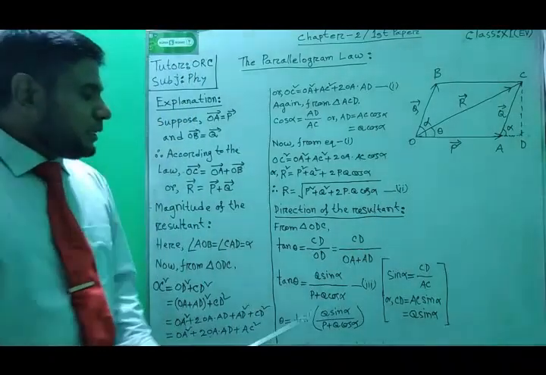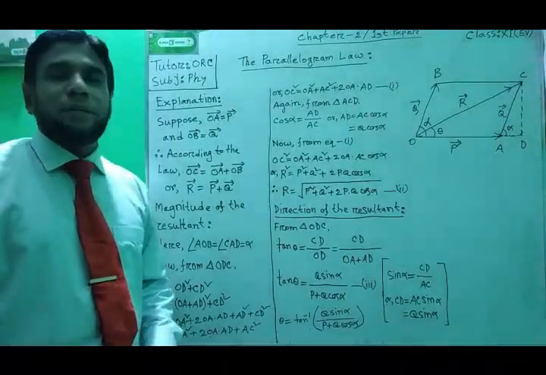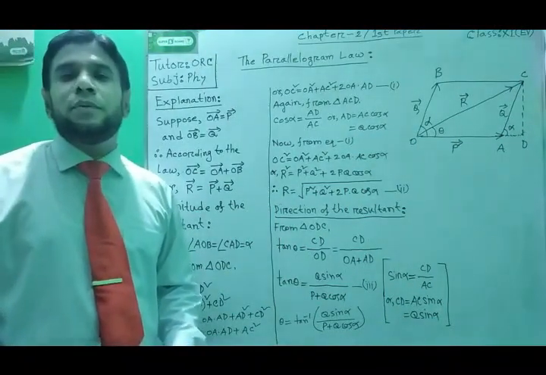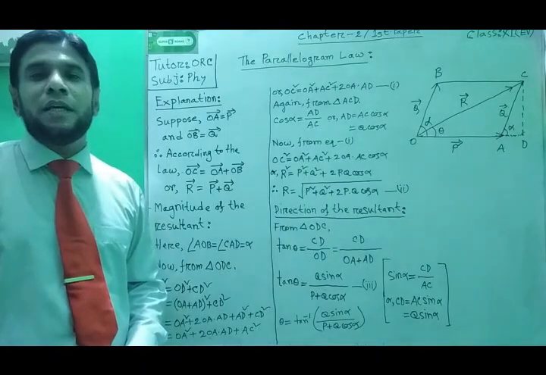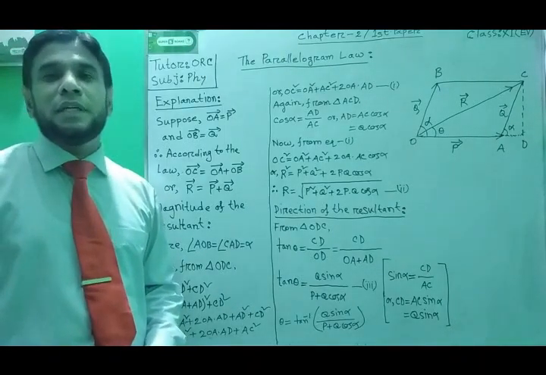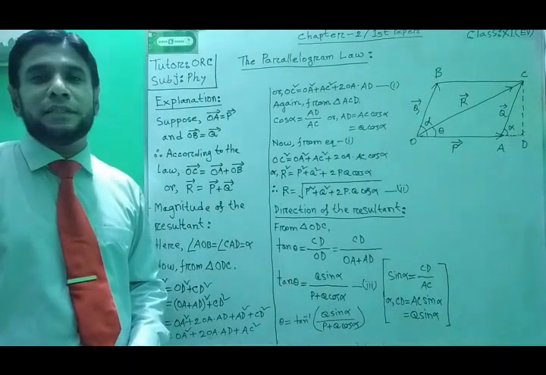So in this way, with the help of the parallelogram law, we can easily find the resultant, that means the addition of two similar vectors, and the direction of the resultant.